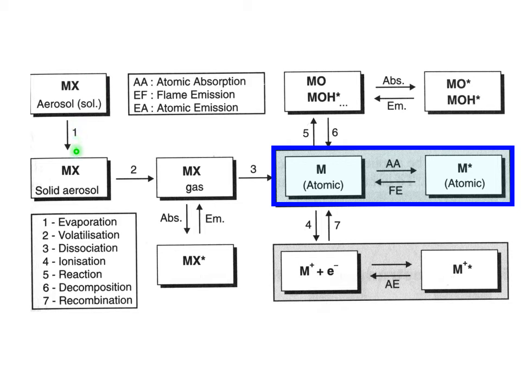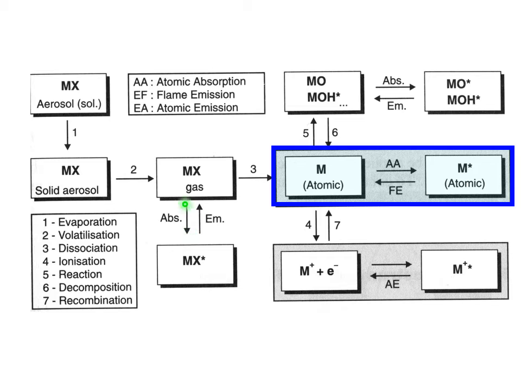When these droplets come into dry air, they make small particles of sodium chloride, very small, because we have very little sodium chloride in our aerosol. Next, at high temperature, these small particles will evaporate to make sodium chloride gas. It will be a very high temperature.